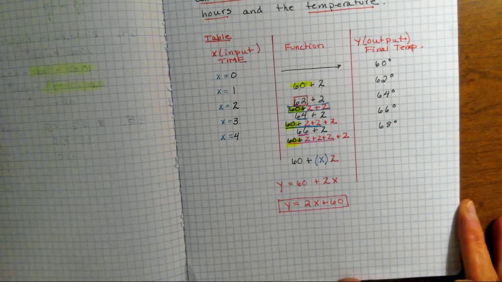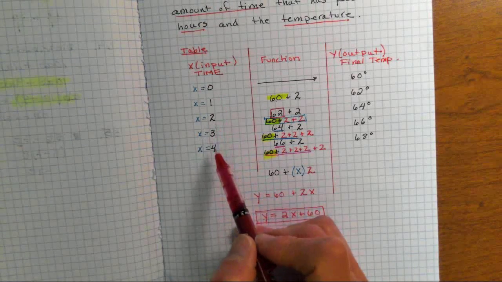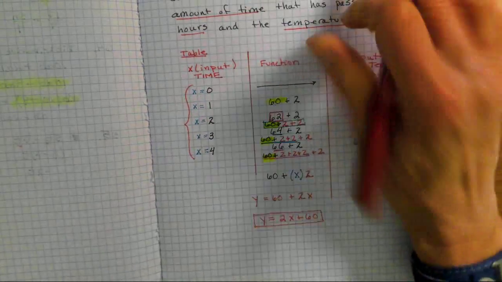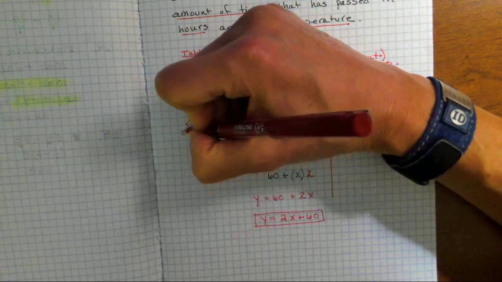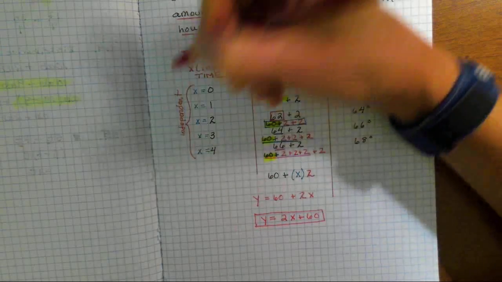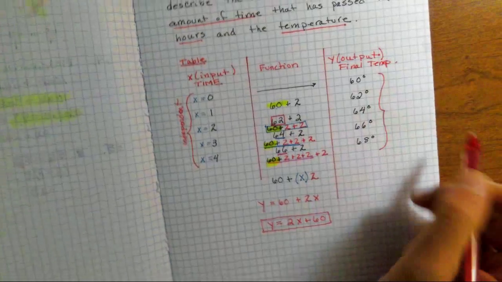So the next thing I need to do is I need to graph. So my time, this here, is my independent variable, and this here is my dependent.